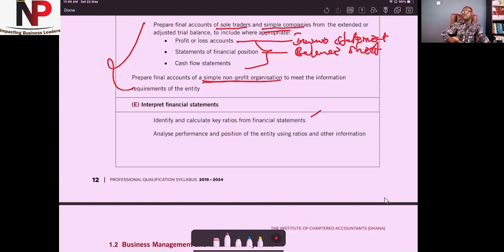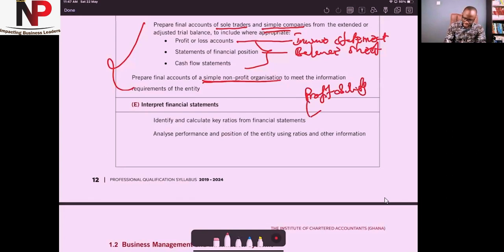So we're going to be using various financial indicators at this level. There are financial indicators and non-financial indicators, but at this level, we're going to be looking more at the financial indicators, and spending time on how that can be done and how that can be structured. So we're going to be calculating various ratios, such as the profitability ratio.